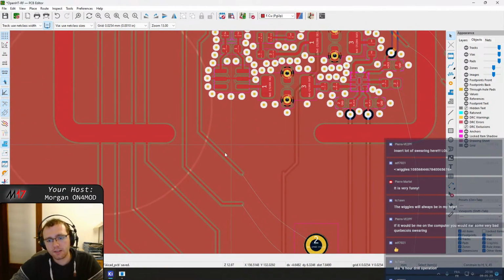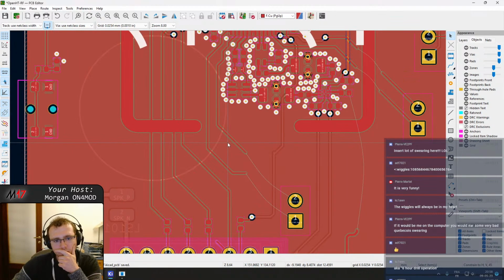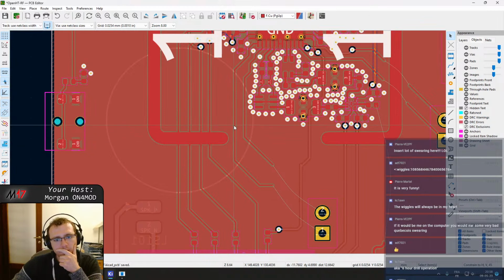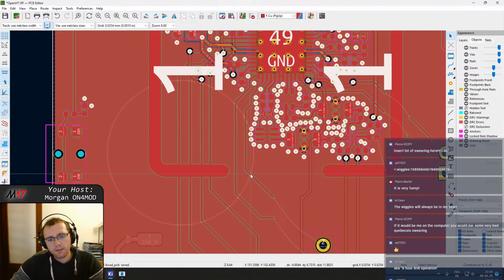Okay, this will be edited too later on to be tighter, because this is just a large hole. So we are gonna make all the tracks go by around here.